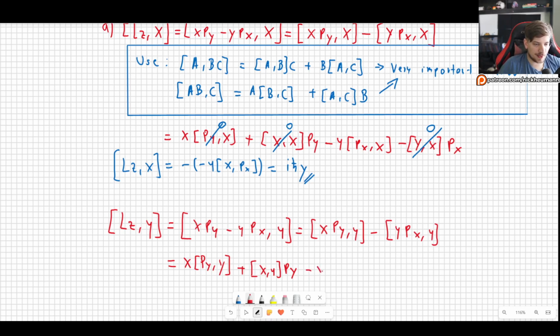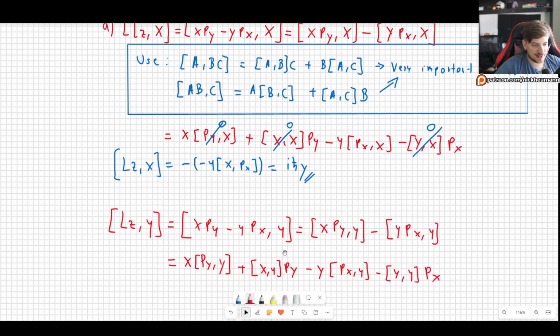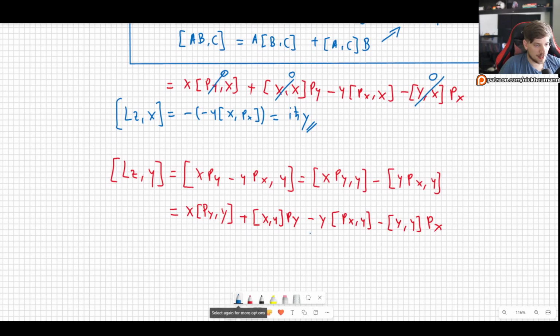Here we have minus y times the commutator of px and y, minus the commutator of y and y times px. So once again, let's evaluate these commutators. These ones commute, this commutes, so that's 0. Then we have px comma y, that is delta ij, where i and j are different, so that means that this is also 0.